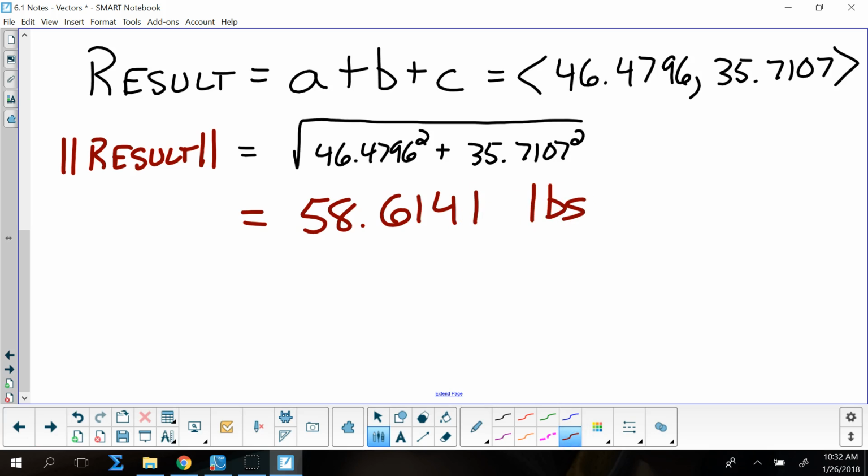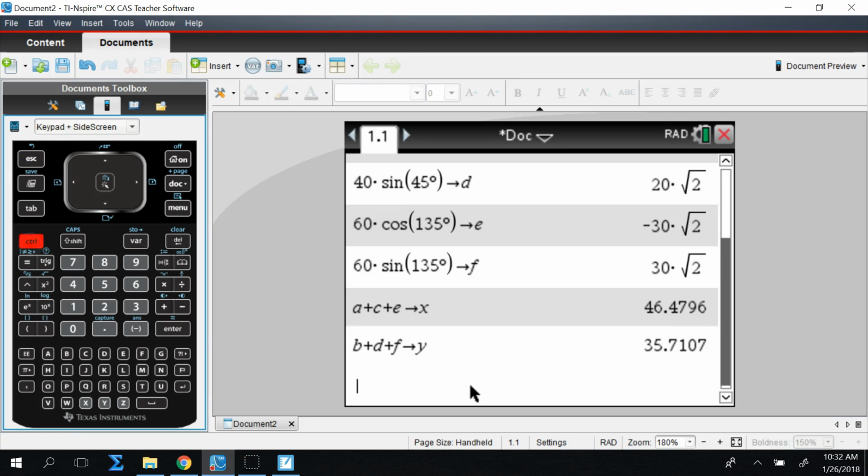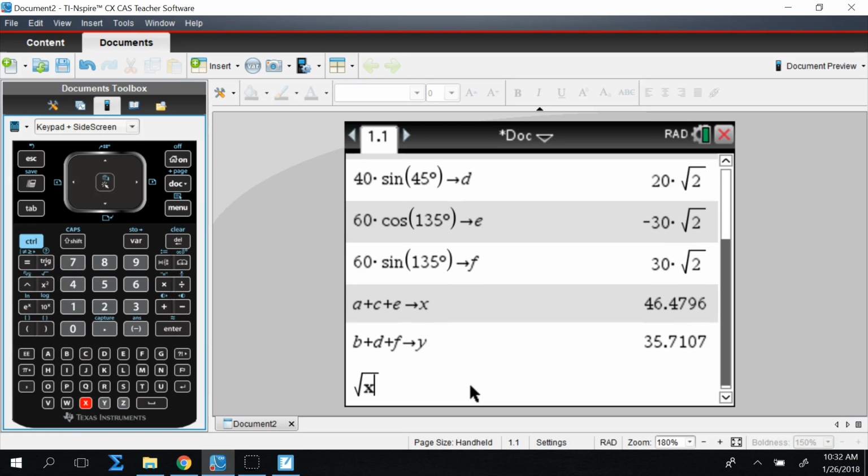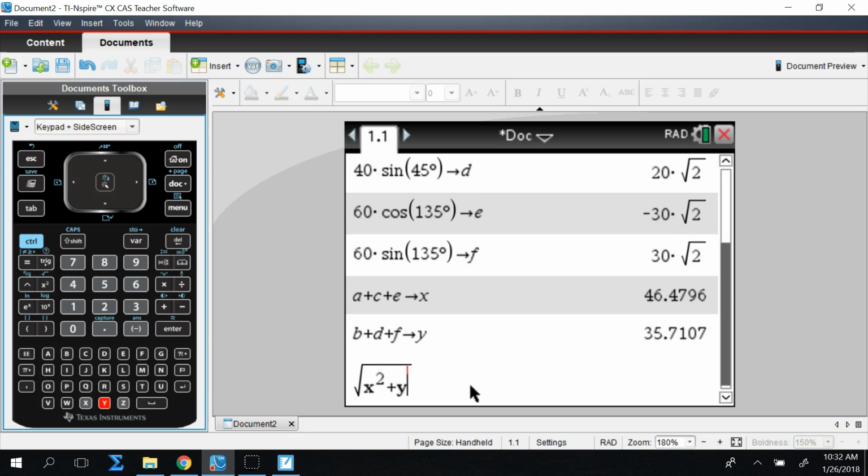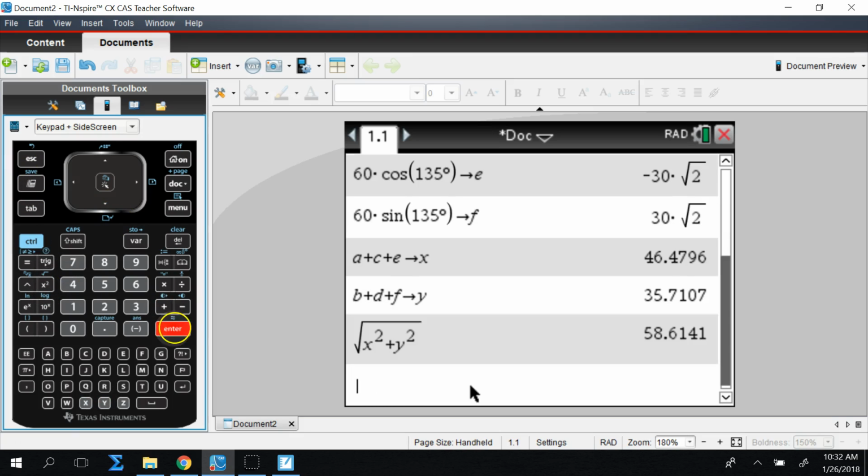There was a label in this problem, so there's going to be a label on our answer. On my calculator to get that, I just do the square root of x squared plus y squared. Cool calculator, using it or knowing how to use it.